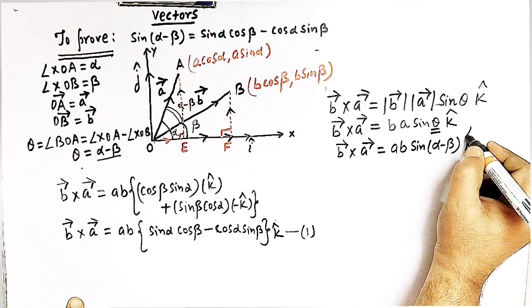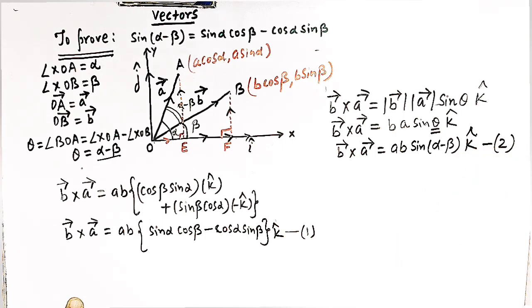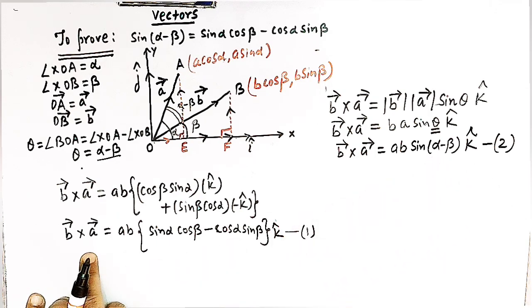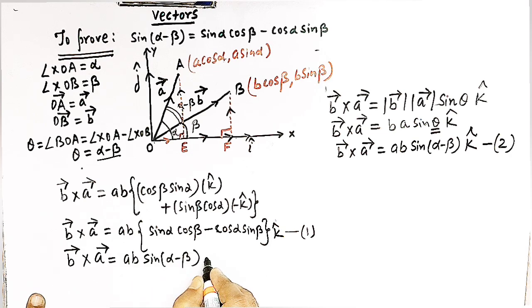So this is our equation 2. So b cross a is equal to ab sine alpha minus beta, k cap.